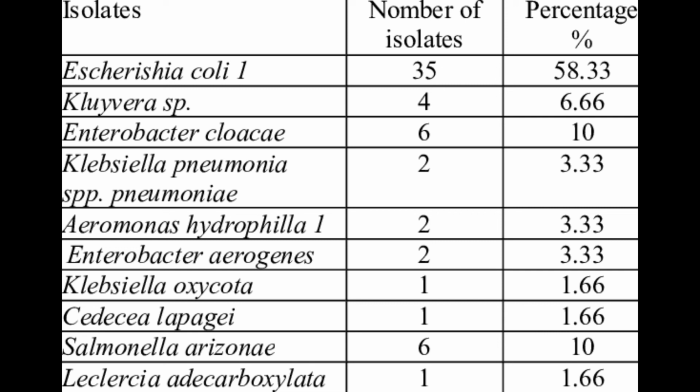It is prepared with a slant and butt just like TSI, but it has a shorter slant and a deeper butt compared to TSI. The uninoculated LIA has a purple color throughout the medium. With a wire needle, get the inoculum and stab the butt twice all the way down to the bottom.